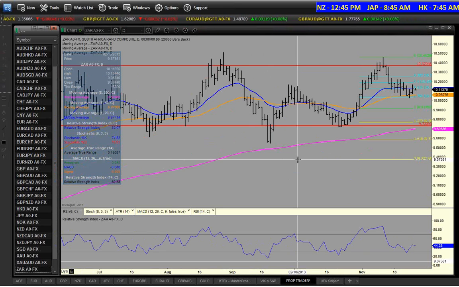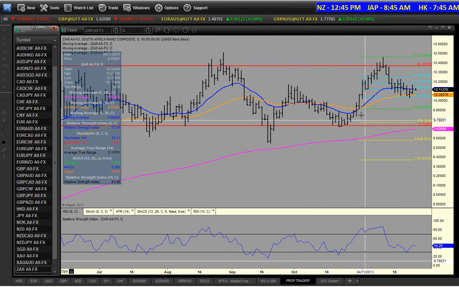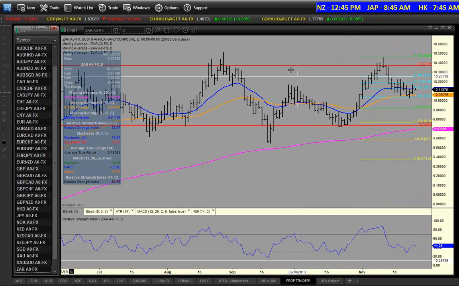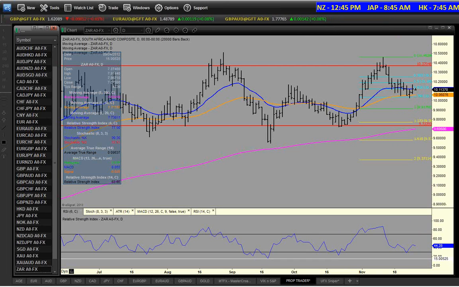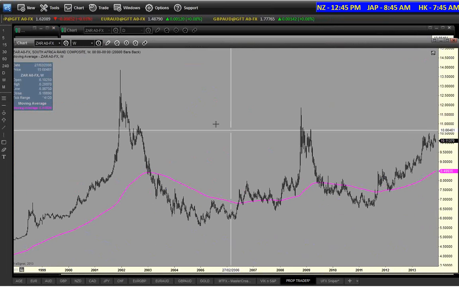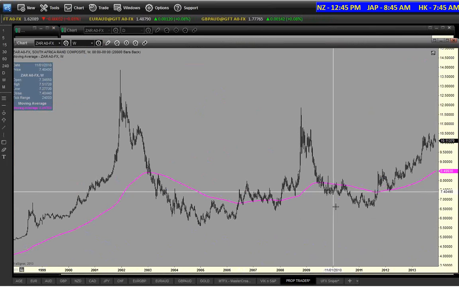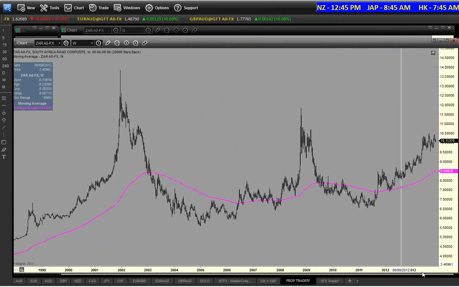Rand, nice ring low as we discussed over the gentleman's setup. I think this is quite a key level. If we look at the weekly, it gets up here and then craps itself. So I don't know how much further on the upside this has got.